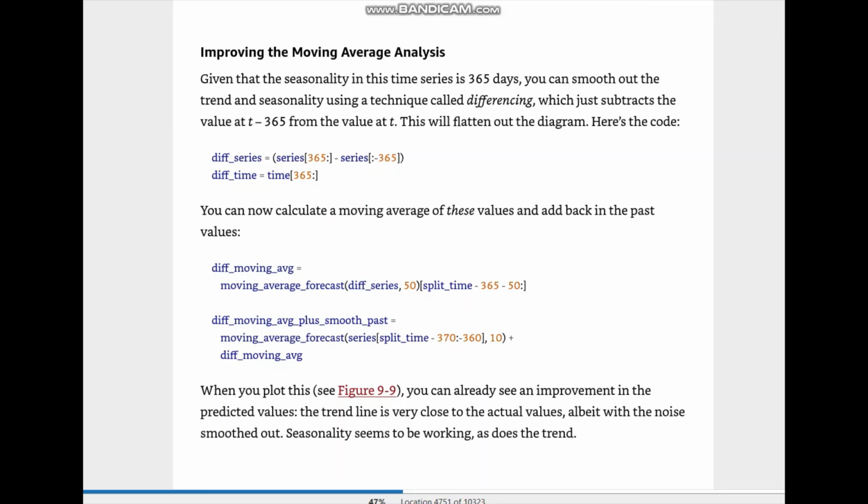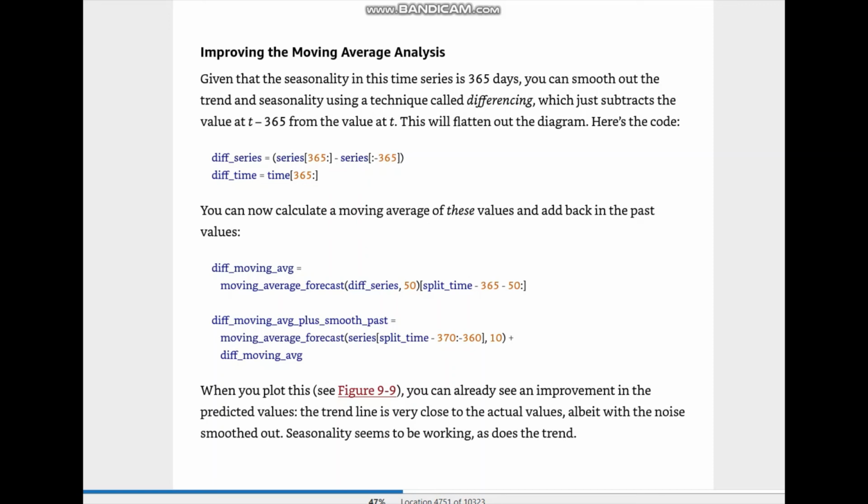So, series at 365 like the last one, and we take the last number and we subtract the first one from the last one, right? So diff time becomes time of 365 till the end. You can now calculate a moving average of these values and add back in the past values.